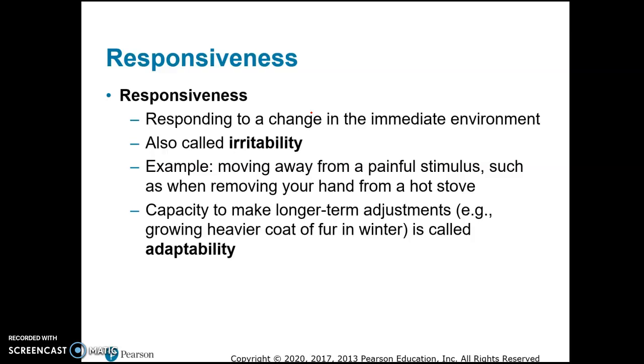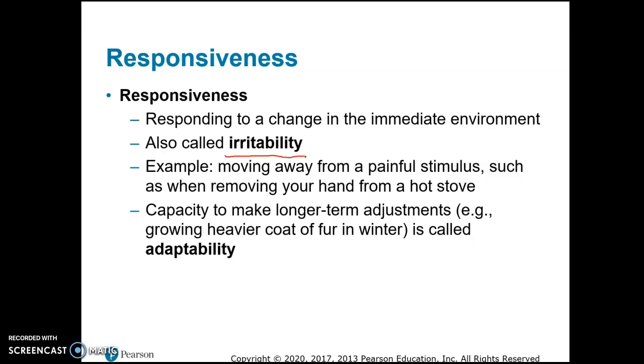Responsiveness, what you need to know about this characteristic is that we are able to respond to a change in our environment. This is also called irritability, but it doesn't mean how we use it in everyday language. It just means that we are capable of having a response to something.